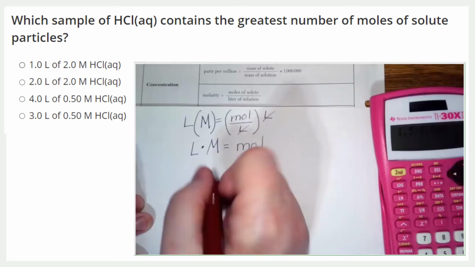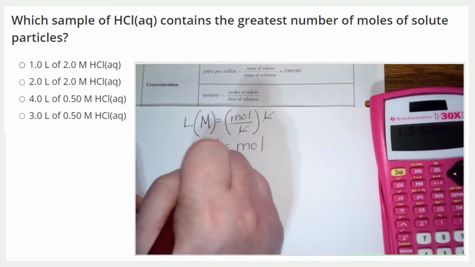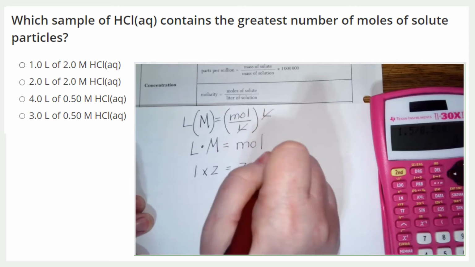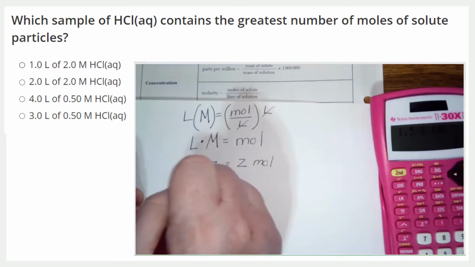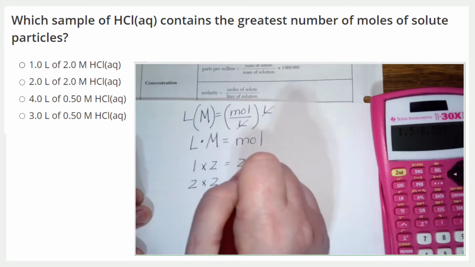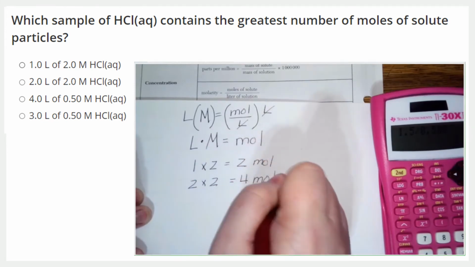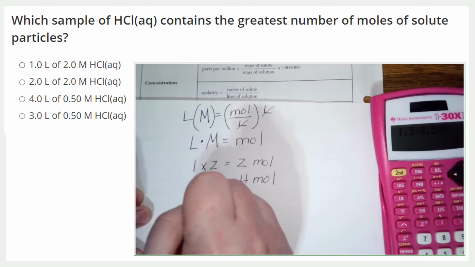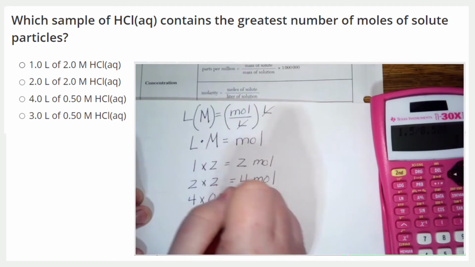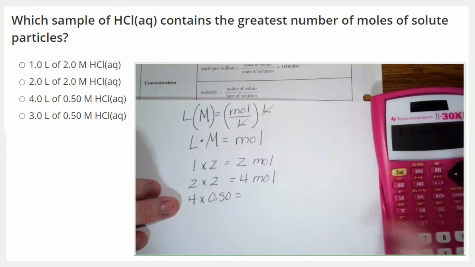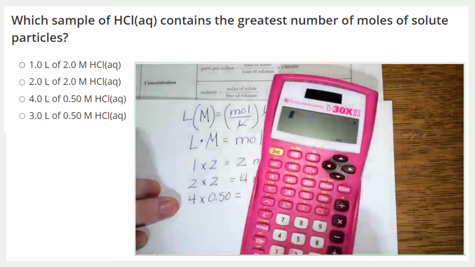Now I'm going to use this to check. So the first option, I have 1 liter times 2 molar. That's 2 moles. I have 2 liters times 2 molar is 4 moles. I have 4 liters times 0.50 molar is, you know what that is? I'm pretty sure that's 2, but I'm not trusting myself right now.